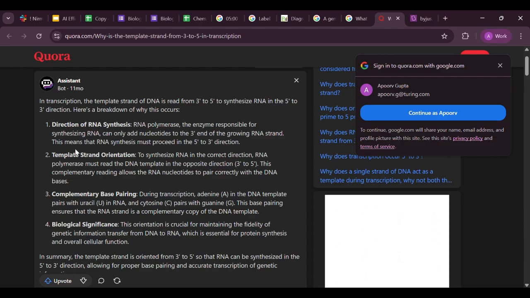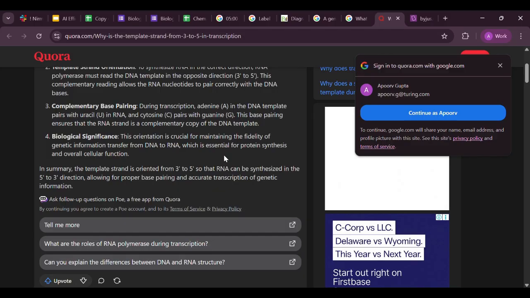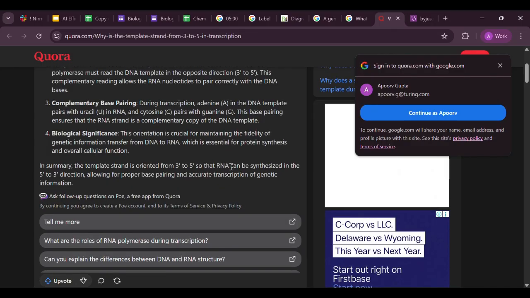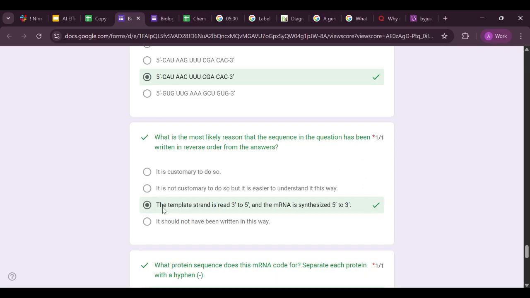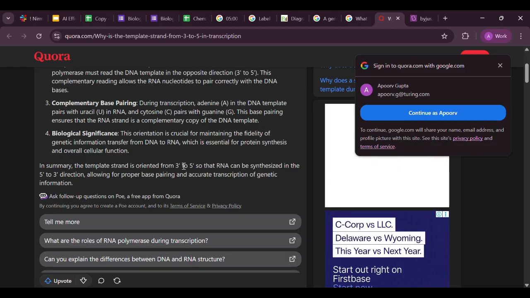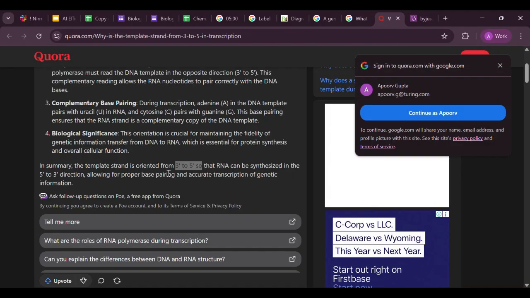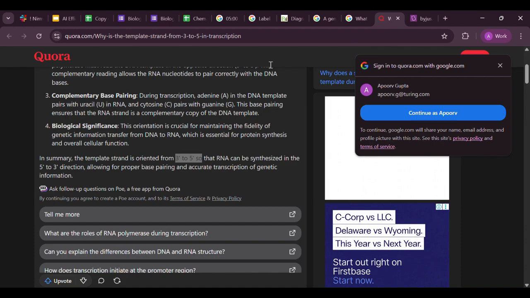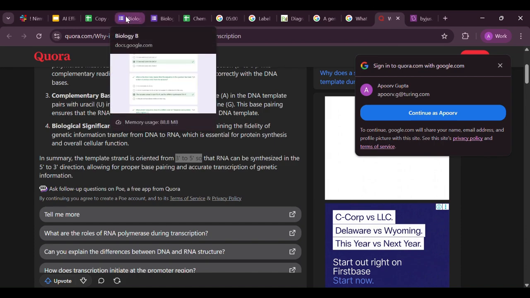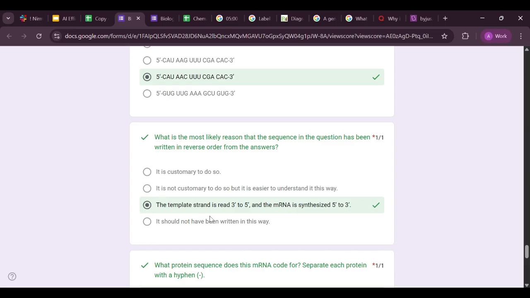RNA synthesis must proceed in a 5' to 3' direction. Okay, simple. The template strand is 3' to 5'. It is correctly given. So from here we can see that Google is able to give me the correct answer, as it was already correctly given by me.